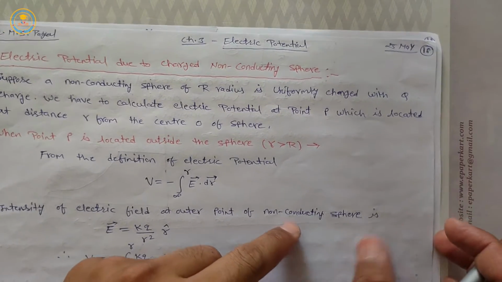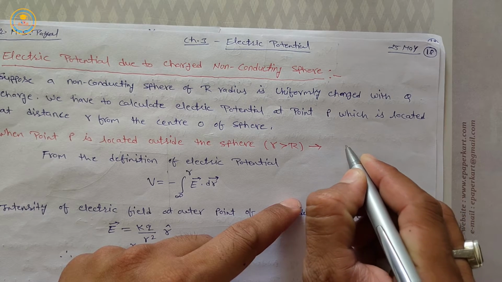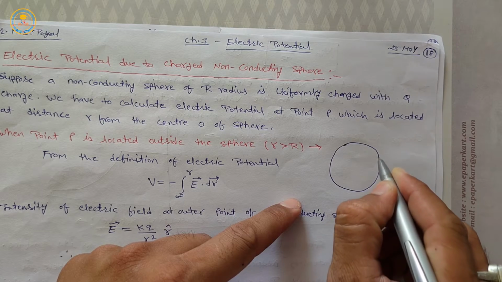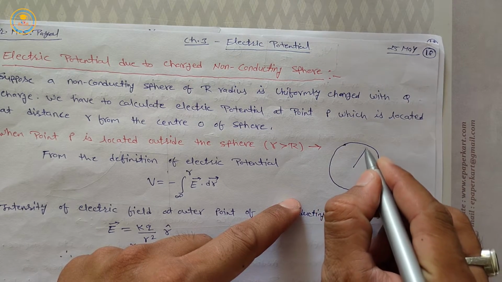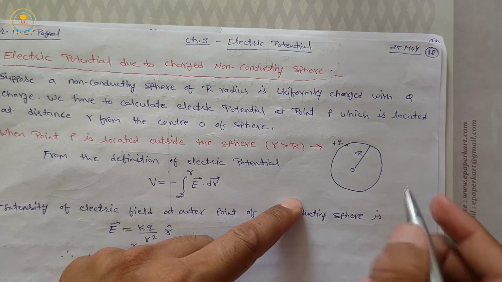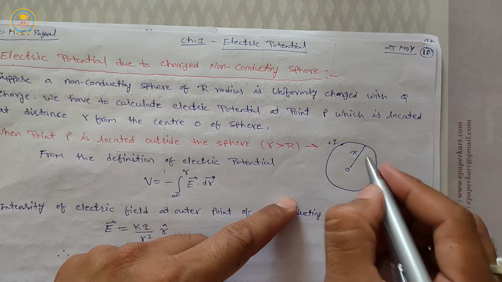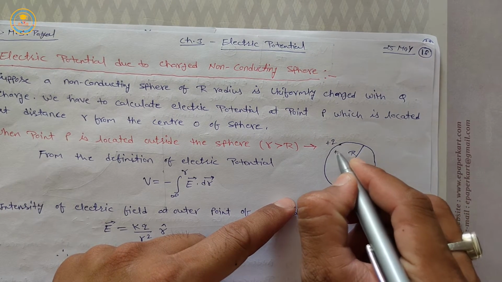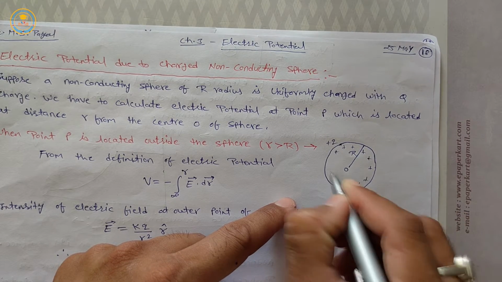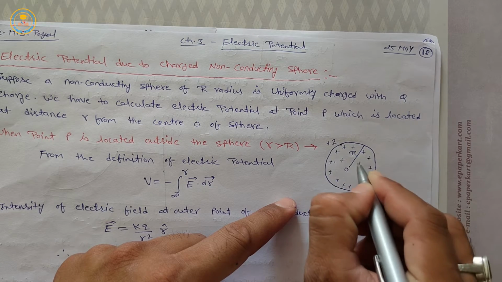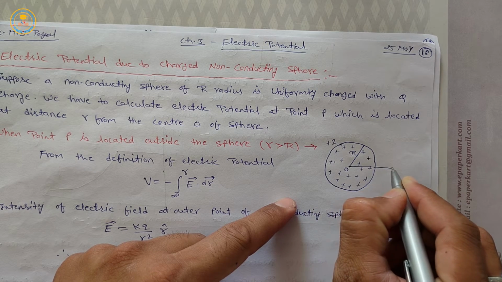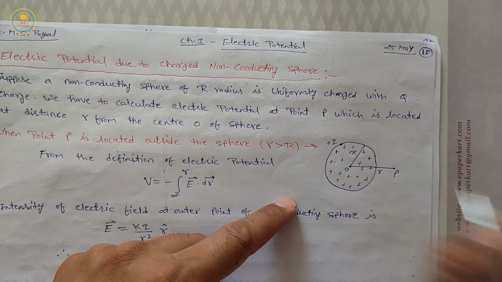For this we draw a non-conducting sphere of radius capital R. This is radius capital R, and this is point O. This non-conducting sphere is uniformly charged with plus Q charge, like this, and point P is located at a small r distance from the center.